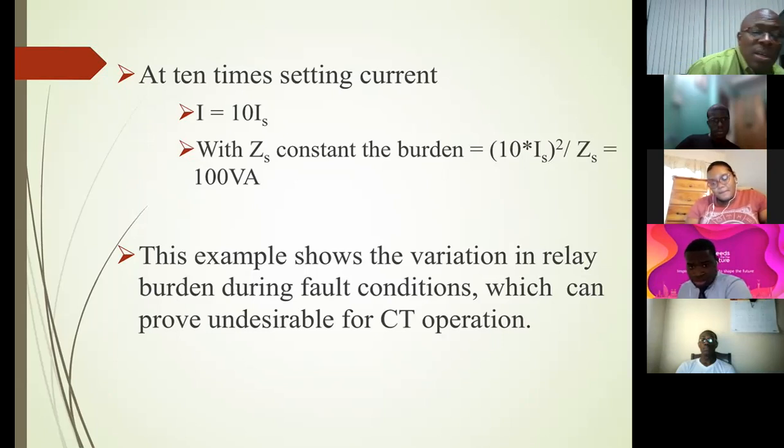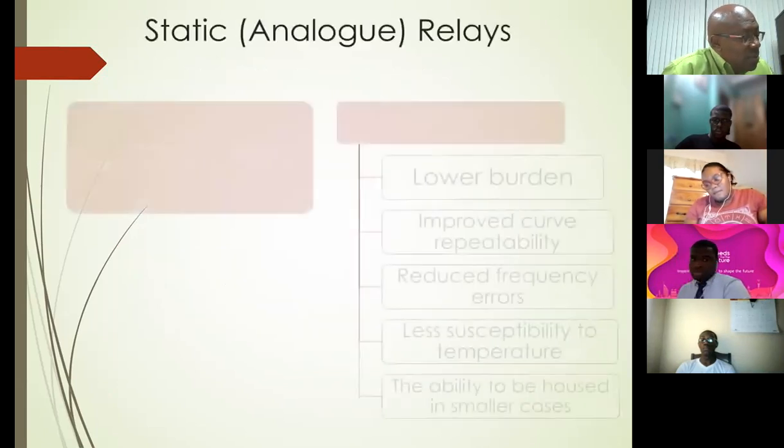Okay, so next we talk about static relays. So we have just dealt with the electromechanical, and we have been talking about it quite a bit. Yes, a lot of what I have said, I know it's repeated material. Now we want to move to your static relays.